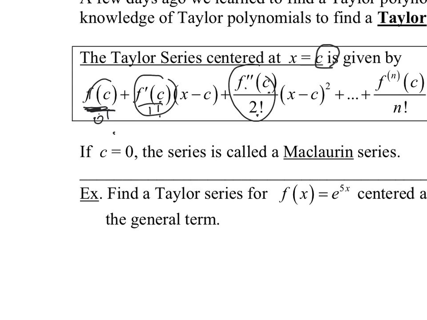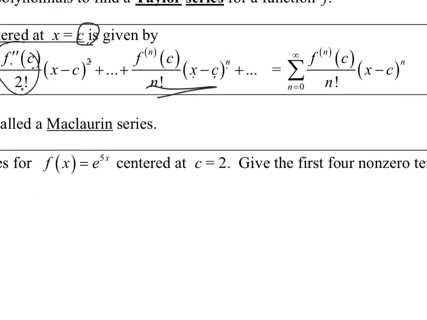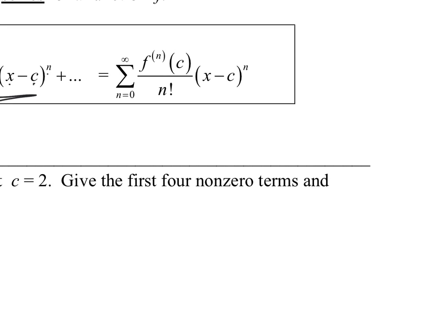Now, this first term has no x minus c, because technically you did have x minus c raised to the 0 power, then 1 power, 2 power, and so forth. There's your general term. To find the sum of that series, it would be the summation of your general form of the constant times x minus c to the n.